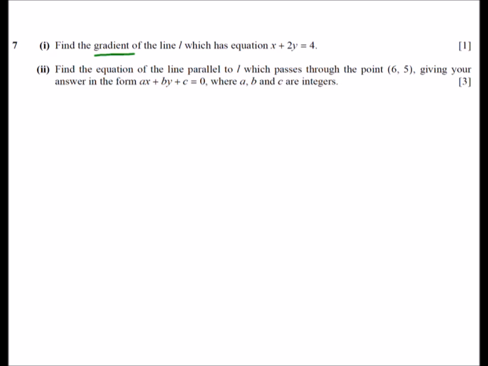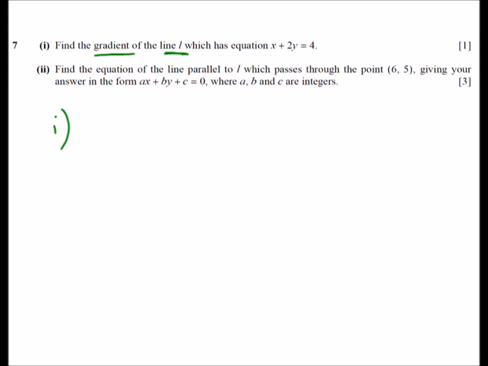It could be finding the gradient from 2 coordinates, or it could be, if I've got a curvy line, differentiating to find the gradient. Well, we don't have a curvy line, we've got a straight line. It tells us it's a straight line. We don't have 2 coordinates, so it must be rearranging it into the form y equals mx plus c. So let's have a go at that.